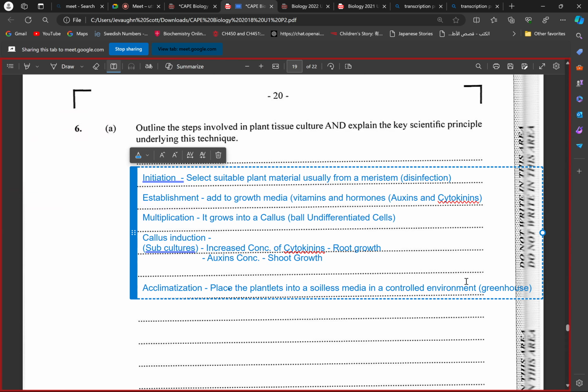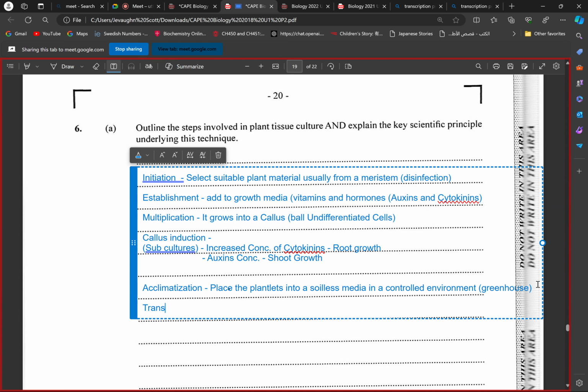Well, with acclimatization, usually it's a soilless media, and with hardening, we put it into soil after it grows and develops a little bit. With hardening, it will adapt to external conditions before transplantation. I usually call it transplantation, but if you know it as hardening, use the word.